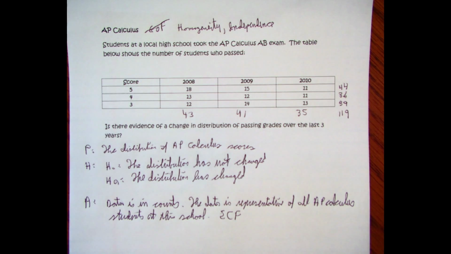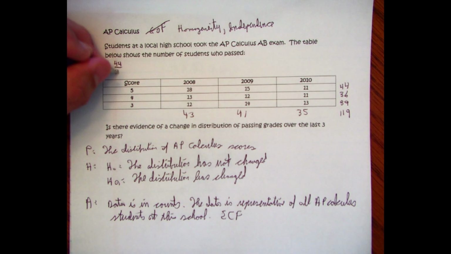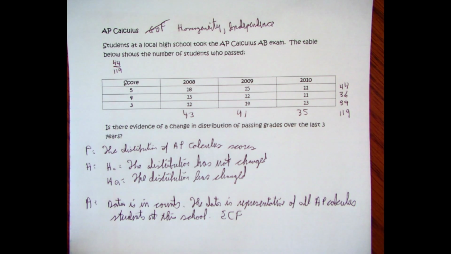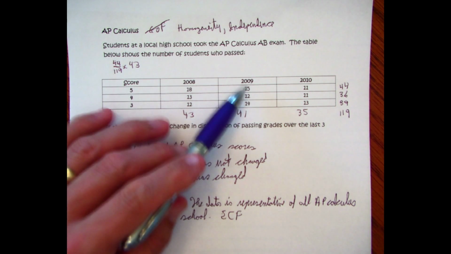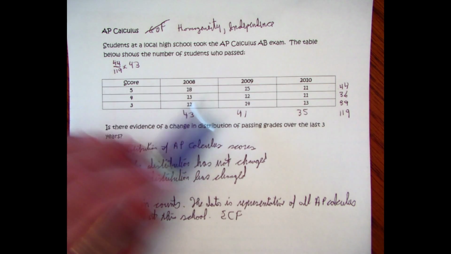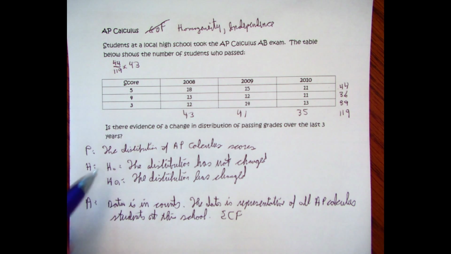So for 2008, I would do 44 divided by 119, that's the proportion of 5s, times the number of people in 2008, which would be 43. And I would do the same thing in 2009. I would do 44 over 119 times 41 and 44 over 119 times 35.